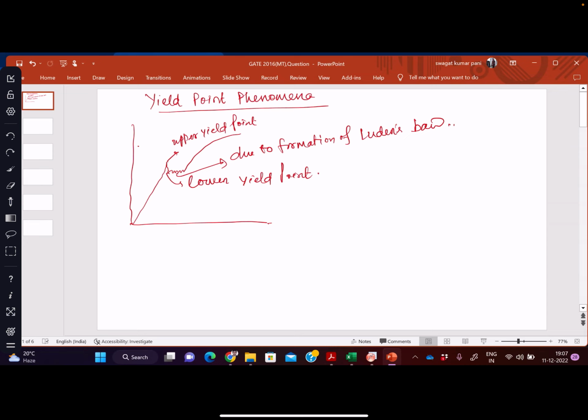So first let's see the overall composition. This is our local composition of solute atoms. In steel it is carbon or nitrogen.